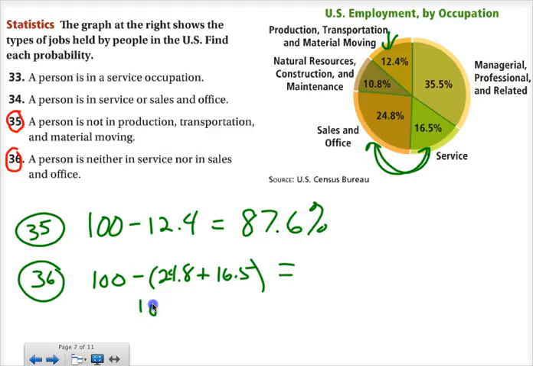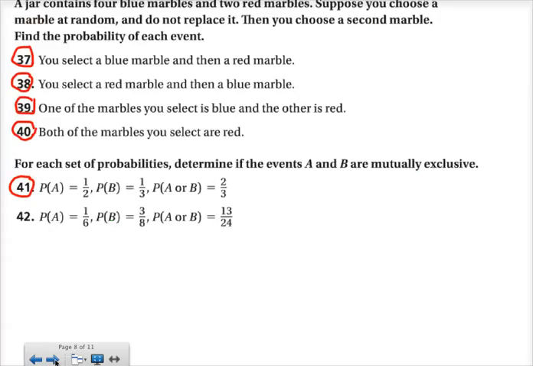So that's going to be 100 minus 41.3%, and that comes out to 58.7%. So it's a little easier to do your addition first, and then just do a little bit of subtraction, rather than adding up all of the numbers that we don't need at any given time. And of course you always could just add the other ones together, and that will work as well.